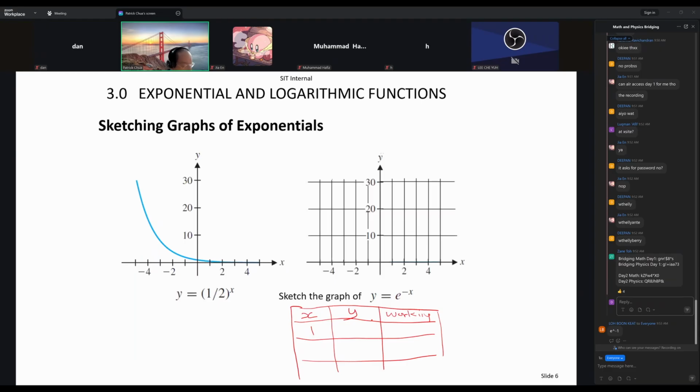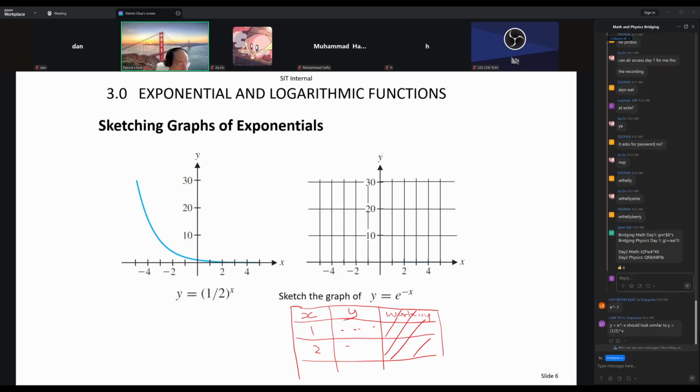Then you just continue from there. You can do the working here if you like. If not, you can leave it out. x is 1, x is 2. You can start with x is 0 if you like. Then you do a plot of this graph.